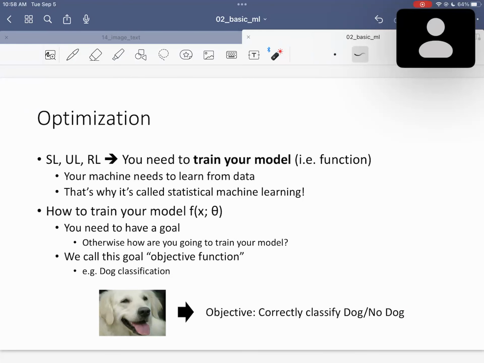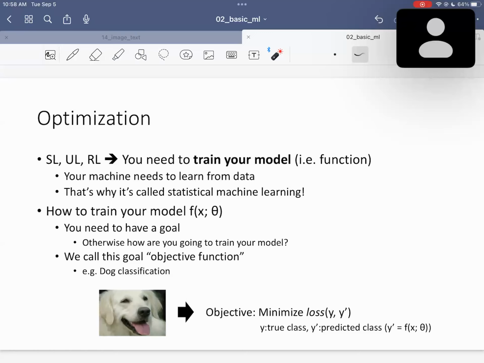But we need to mathematically formulate it. So we typically use something called loss. So loss is the opposite of succeeding at your task. For example, here I've written it as a function name, loss(y, y prime), where y is your true class. So in this case, y is dog, and y prime is the output from your function.